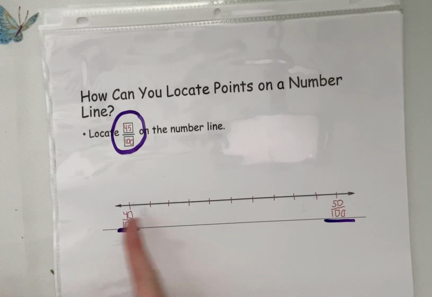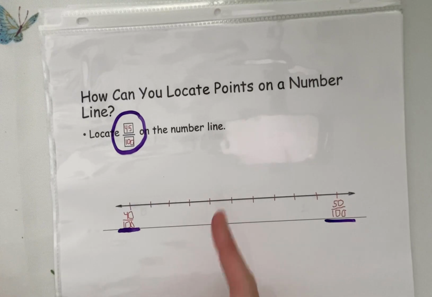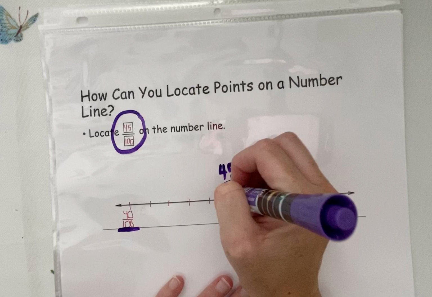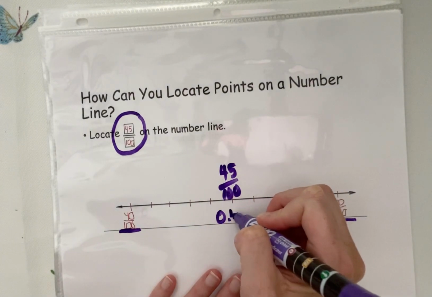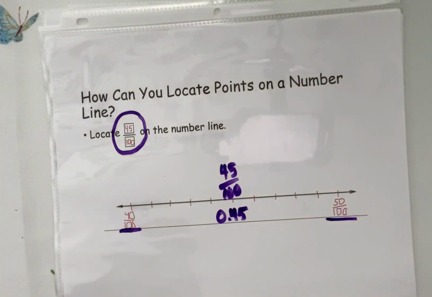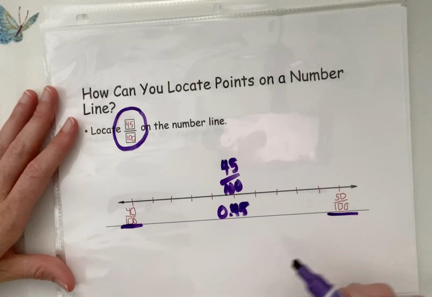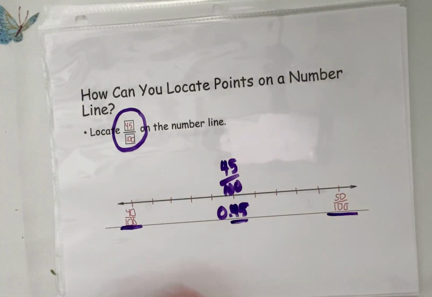I could just count from 40 to 50: 41, 42, 43, 44, 45. So right here would be 45 hundredths. Could I write that as a decimal? Absolutely. 45 hundredths. Remember that when we write our hundredths, it's 2 numbers after the decimal point.